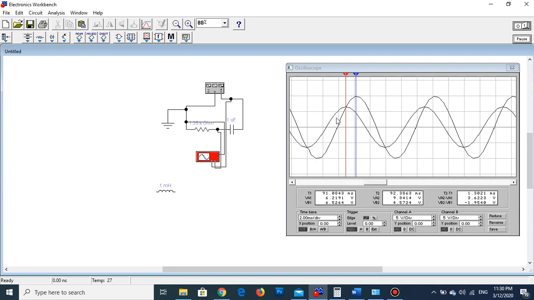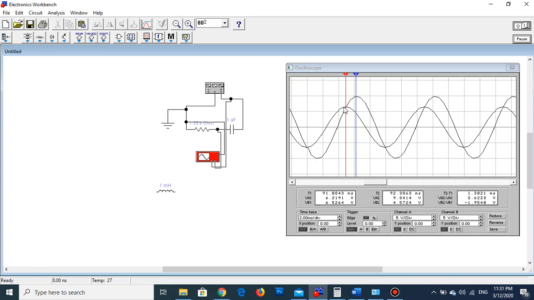At this instant, what happens? The lower voltage reaches its maximum, where the higher one is still going to reach its maximum. It does not reach its maximum here, so the lower one leads the second one, the higher one.